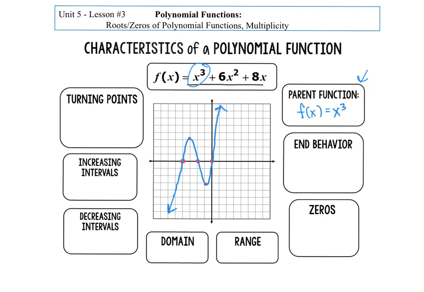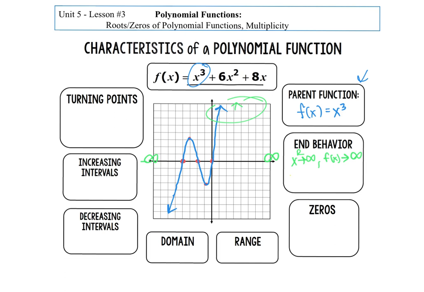Okay, and behavior. So we're going to say our right side is positive infinity, our left side is negative infinity. We're going to say as x approaches infinity, f of x approaches what? When we're on the right side, we are ending up, which is positive infinity.